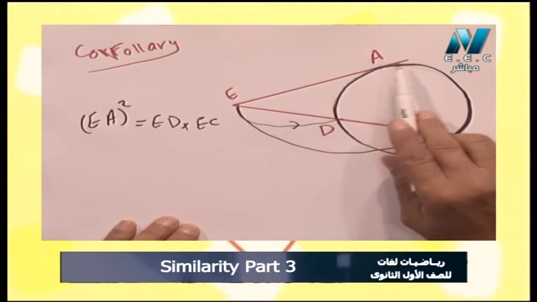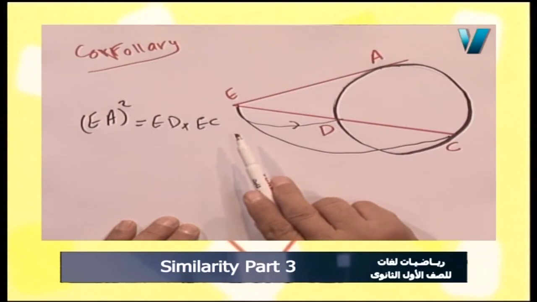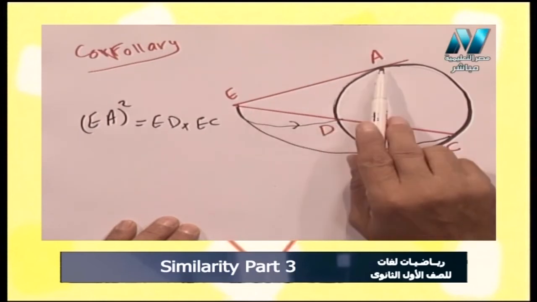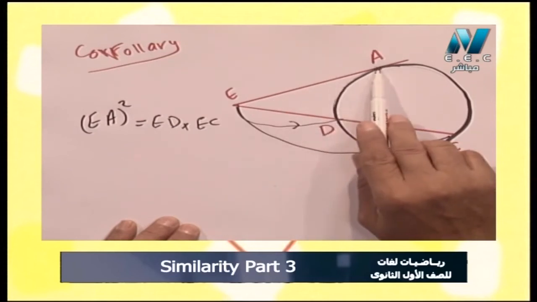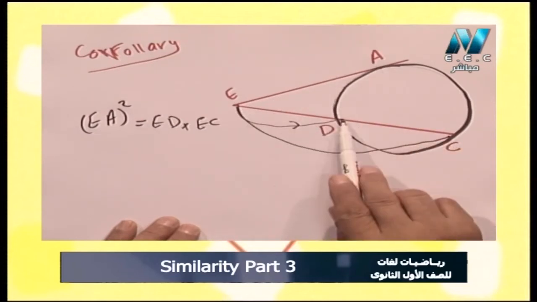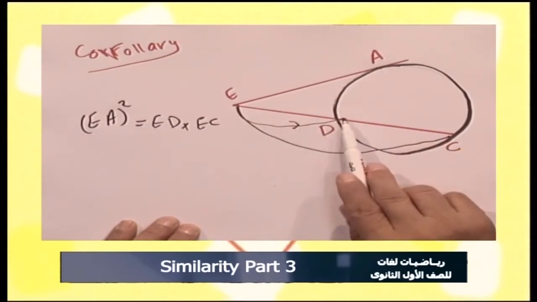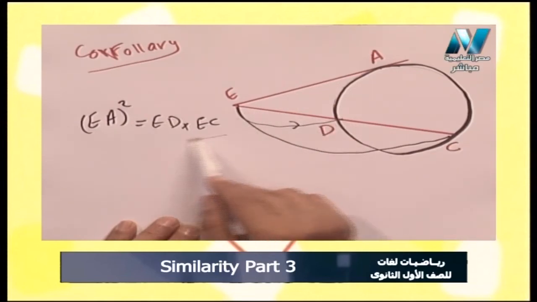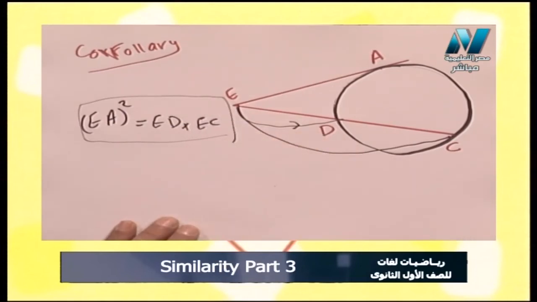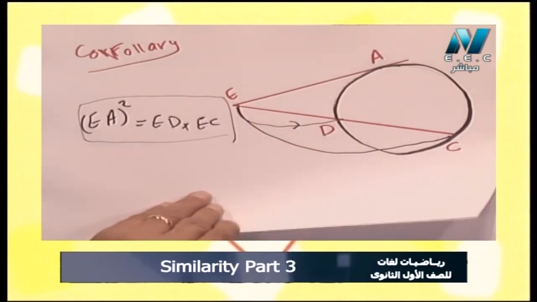If we have a tangent to a circle, we can find out EA or any part of them by this relation: EA power 2 equals ED multiplied by EC. This is the relation. Okay, and we have a question on it here.